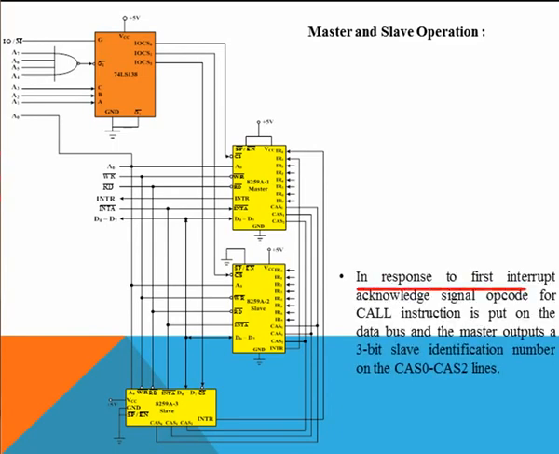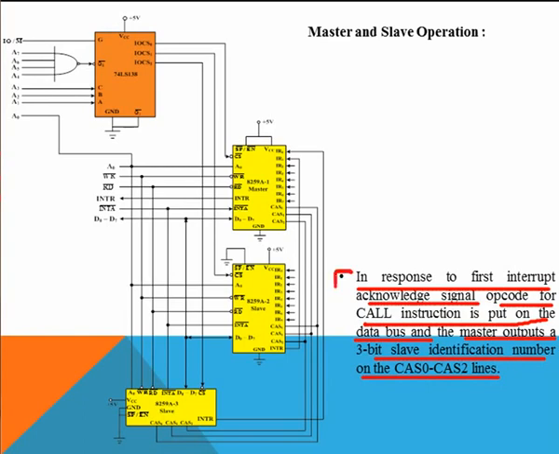In response to the first interrupt acknowledge signal, the opcode for the call instruction is put on the data bus and the master outputs a 3-bit slave identification number on the CAS0 to CAS2 lines.